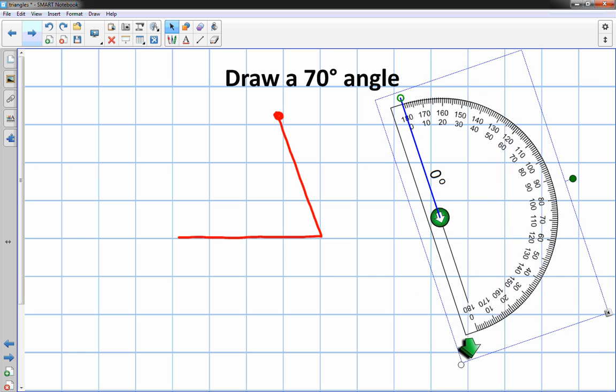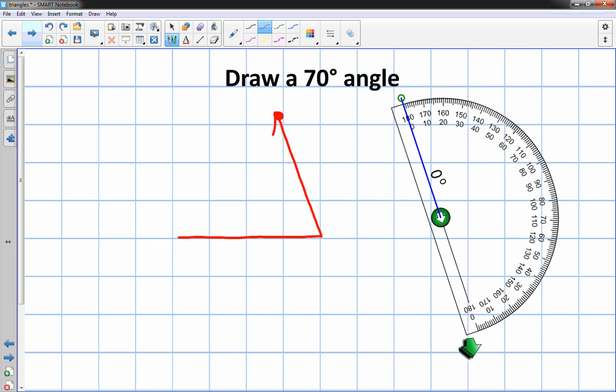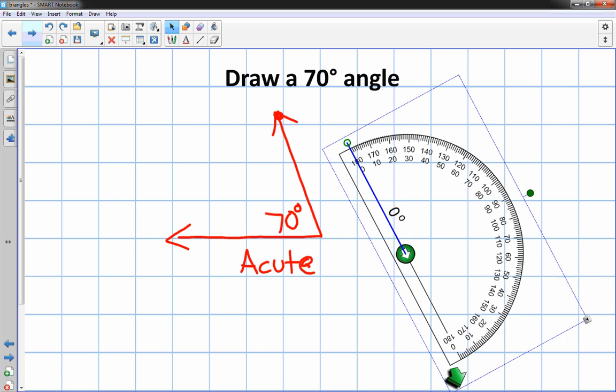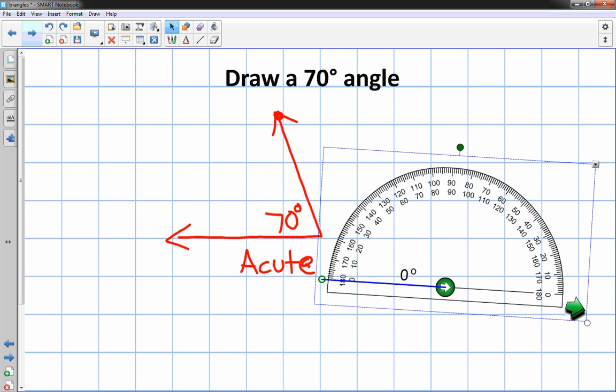Move this out of the way for a minute. That angle's less than 90 degrees. That angle's 70 degrees. It's acute. It's just opening in a different way. So get in the habit of drawing them opening in different directions and understanding that they're still the same angle measure.